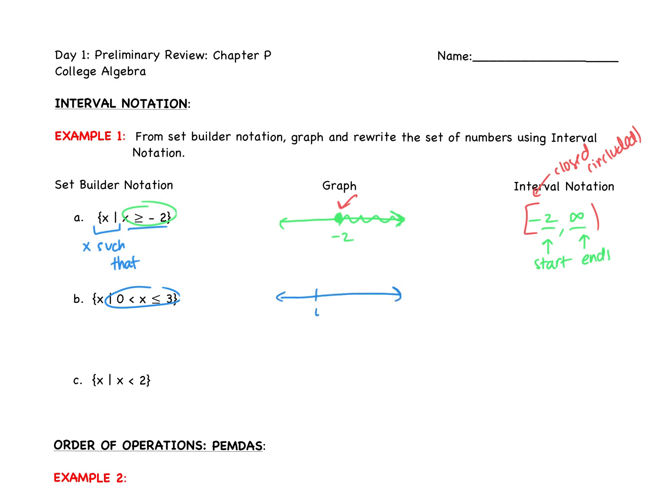So on our number line, we're going to have 0 and we're going to have 3. 0 is not included, so it gets an open circle. 3 is included, so it gets a closed circle. And then we shade everything in between. So again, this graph conveys the exact same information as the set builder notation, just looks different.